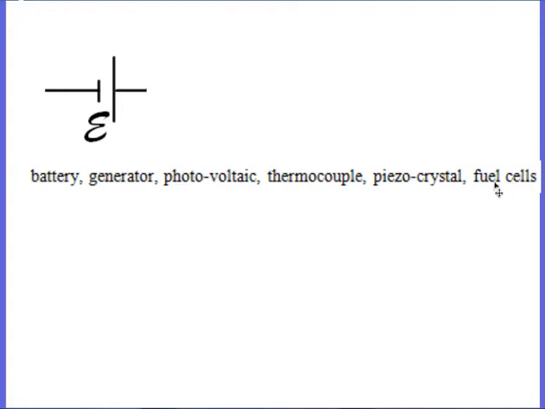And probably not included in our list last year, but fuel cells. And my understanding of the difference between a fuel cell and an ordinary electric cell is that in a fuel cell the chemicals here get consumed.